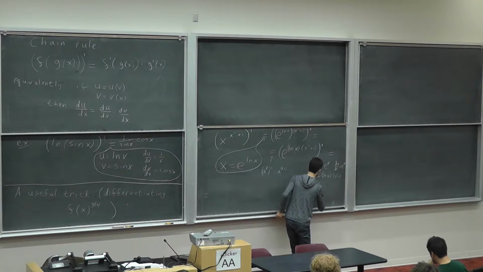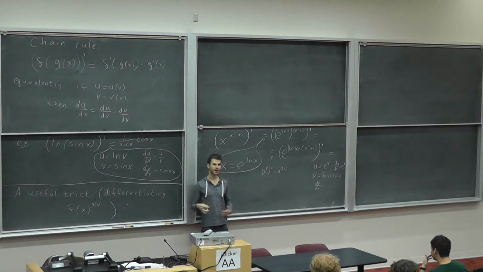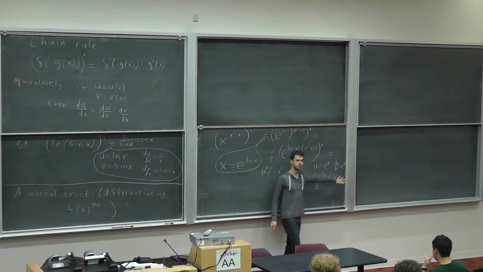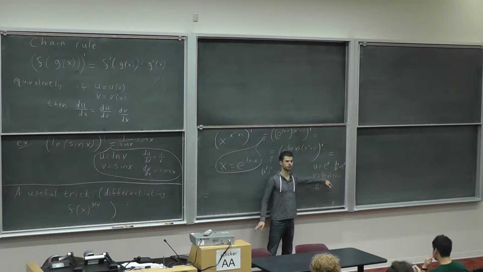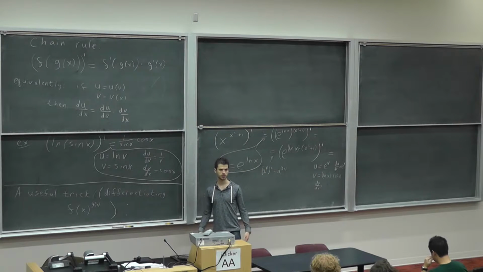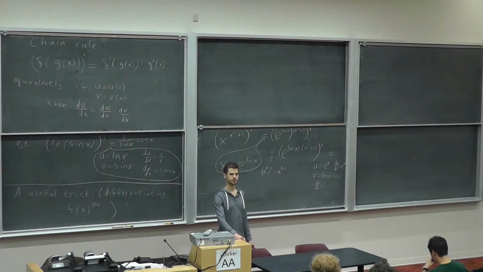Okay. We also should compute dv by dx. That might not be as simple as the previous computation, but still simple enough. So how can I find the derivative of this expression? What's the last operation that I'm performing in this computation?